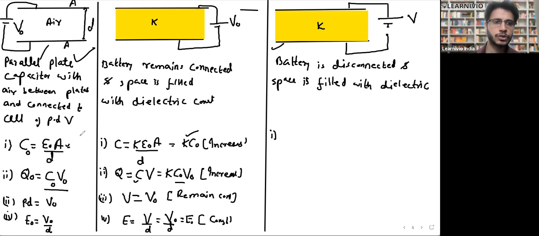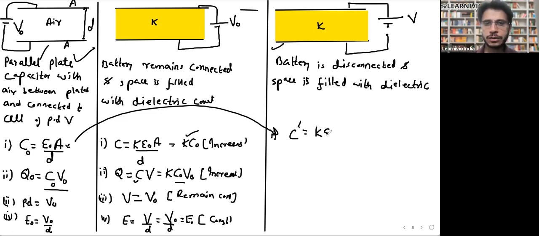First one, capacitance will be K times epsilon naught A by D. So capacitance will be K C naught, which means capacity increases. Earlier you had a battery of voltage V naught and air in between the plates. Now your battery is disconnected, but the space is filled with a dielectric of dielectric constant K. So capacity increases.